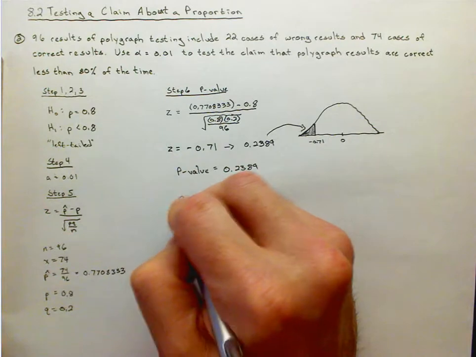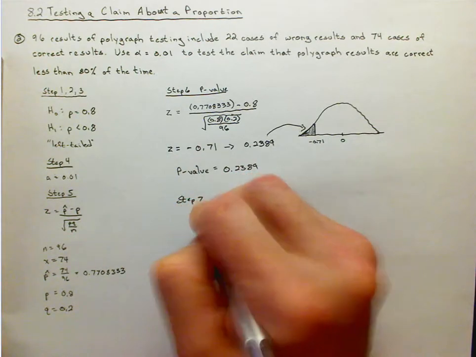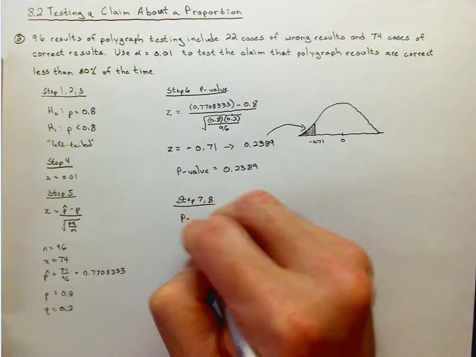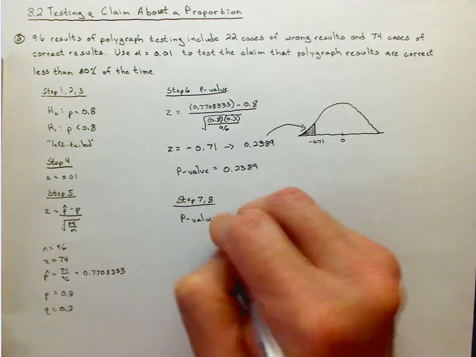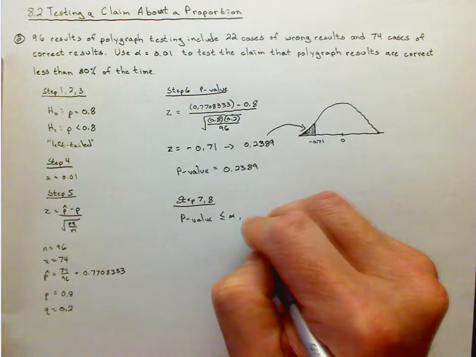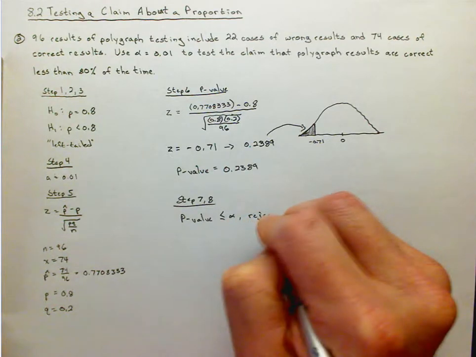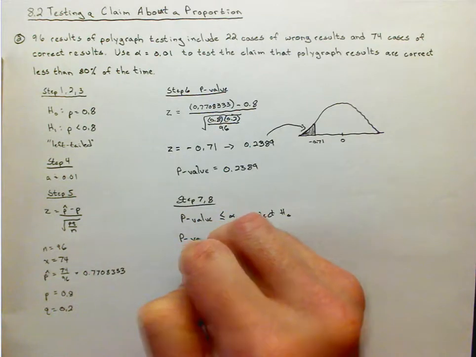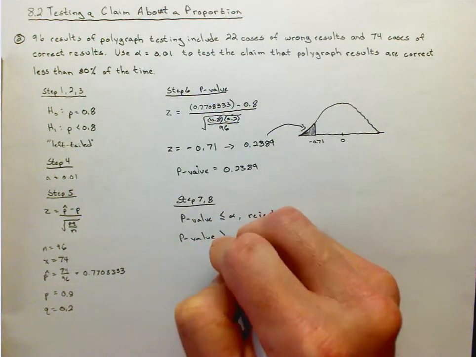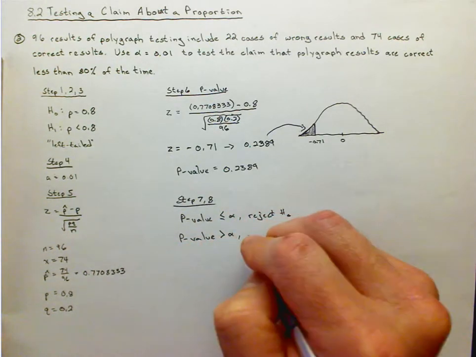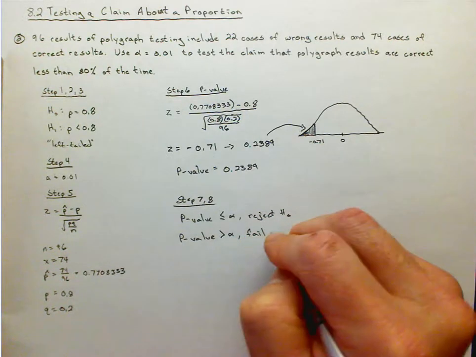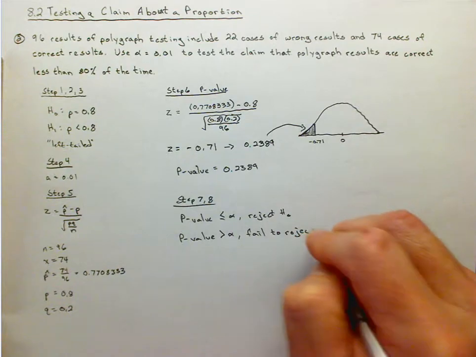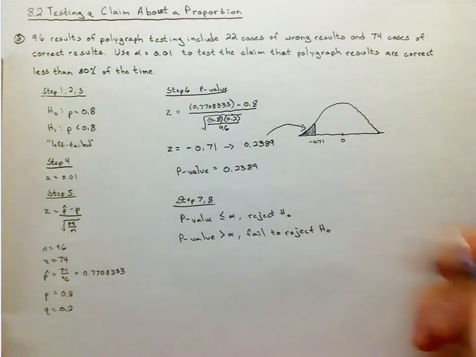And now I'm on to steps 7 and 8. And for my p-value, I know p-value less than or equal to alpha, I reject the null. And then just the opposite, p-value greater than alpha, I fail to reject the null hypothesis.